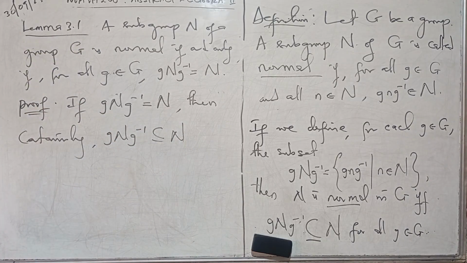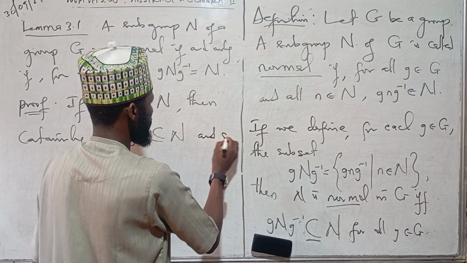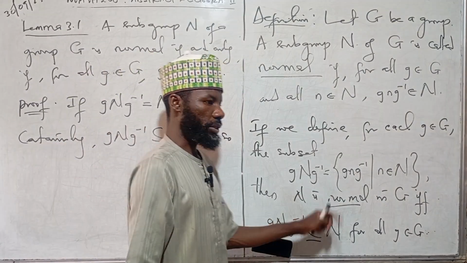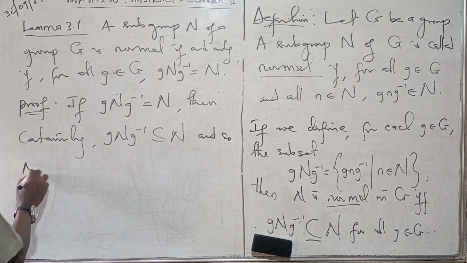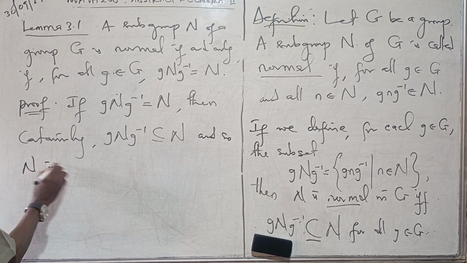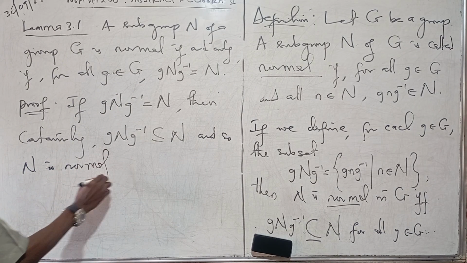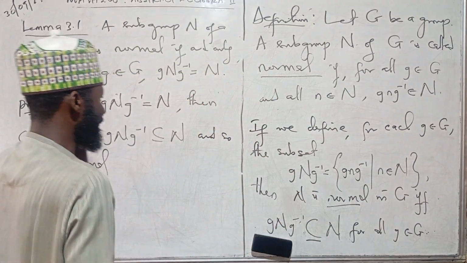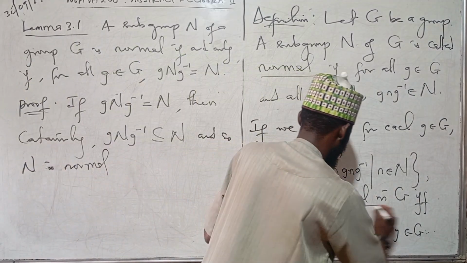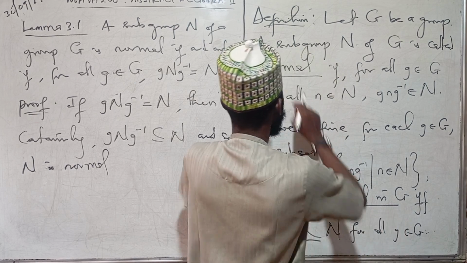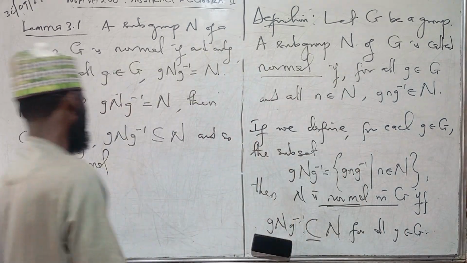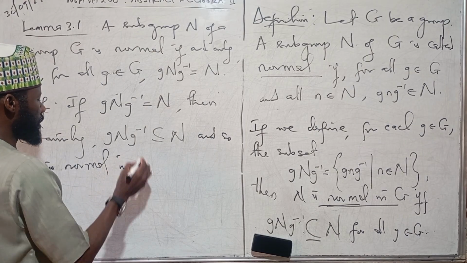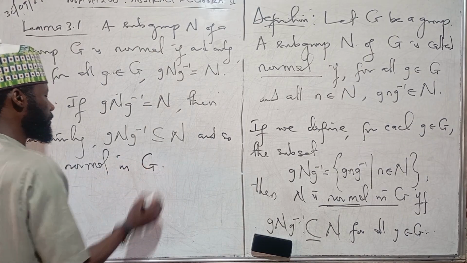And so, by the very definition, when this happens, N is normal. If N is a normal subgroup, then we say it is normal in G.